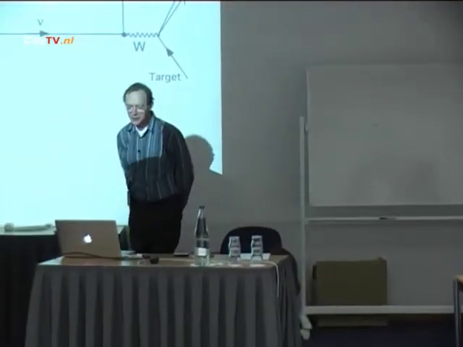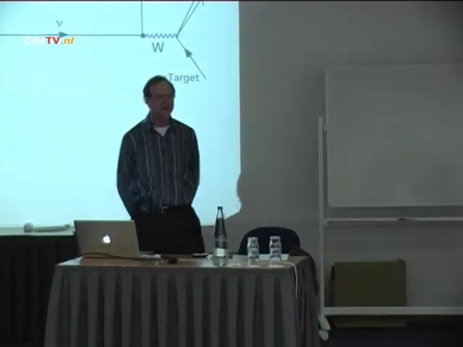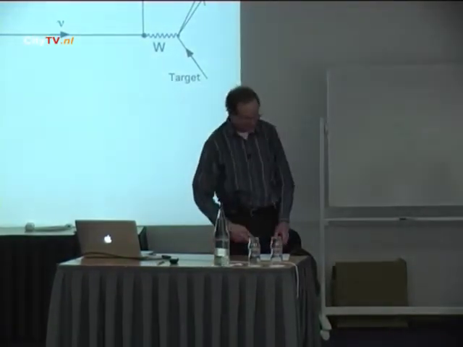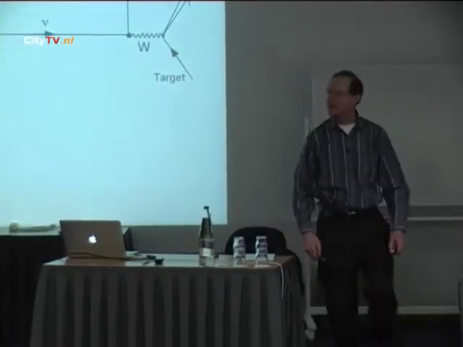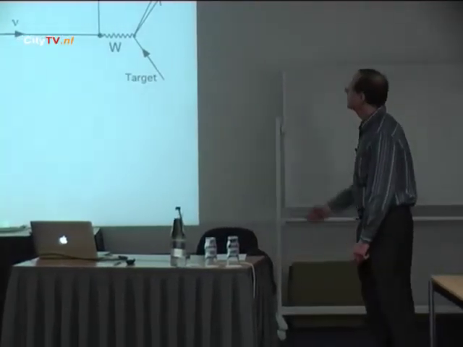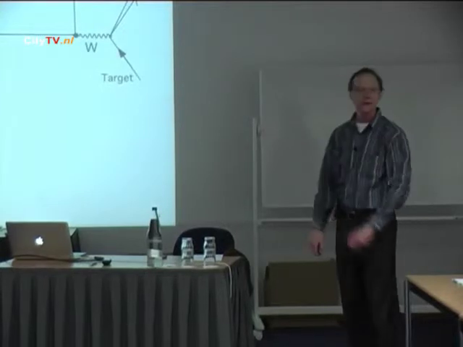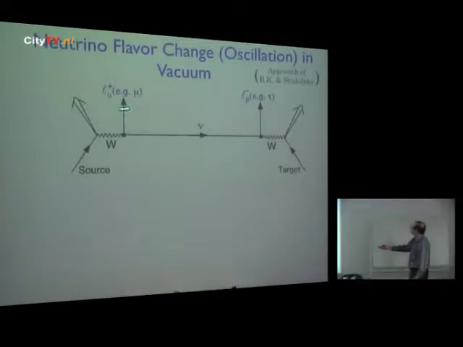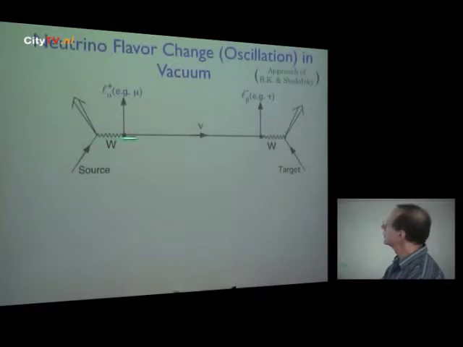So now here is a theorist's eye view of a neutrino oscillation experiment. We have some source of neutrinos. Through W exchange, it emits a charged lepton of flavor alpha, a muon for instance, plus a neutrino.